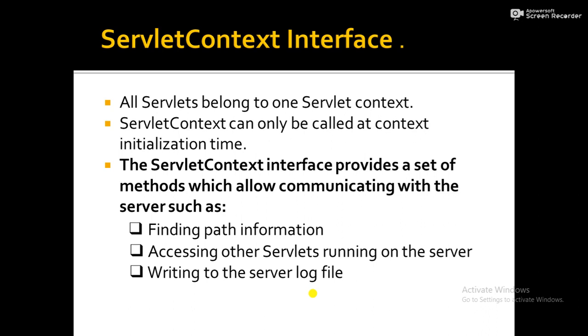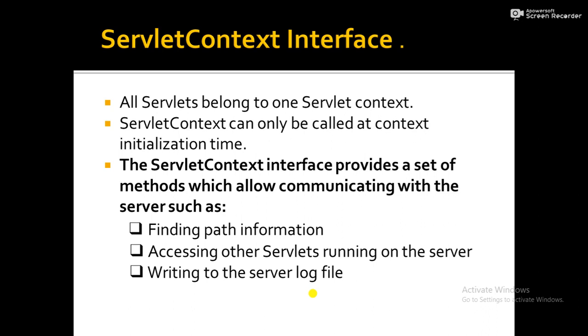The log file holds the overall details of the server: where the file is stored, when it is stored, when it is modified, and the overall information handled by the servlet context interface.